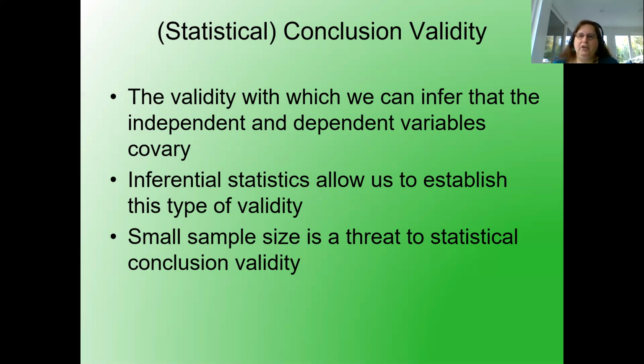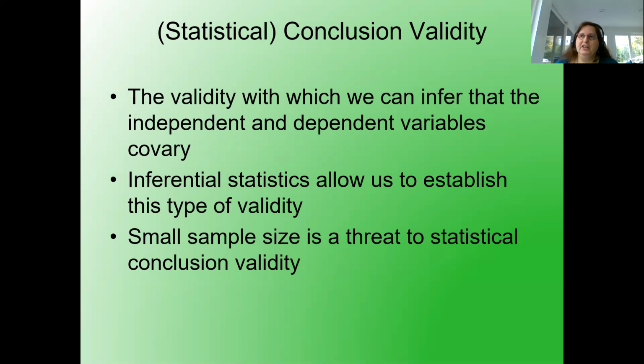What's going on here? And small sample size is a big threat to statistical conclusion validity, because if you may remember, small sample size means small power, low power, right? And if you have low power, that means that you are less likely to be able to reject the null, even if you should.